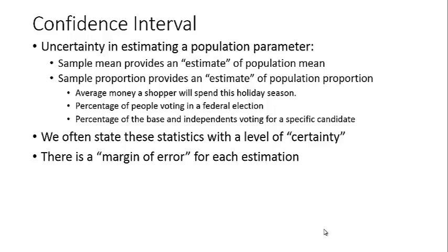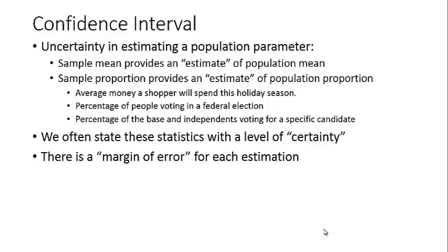For example, average money a shopper will spend during the holiday season, a number many businesses are interested in knowing. But then with that estimate, we need to estimate the confidence interval within, for example, 95% confidence. That number is between an upper and lower limit.